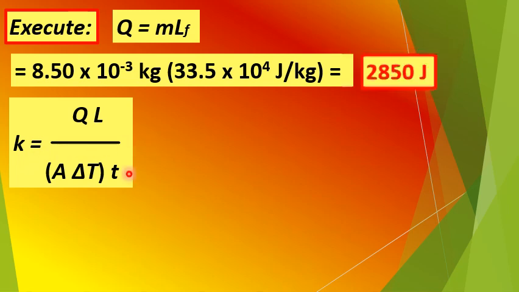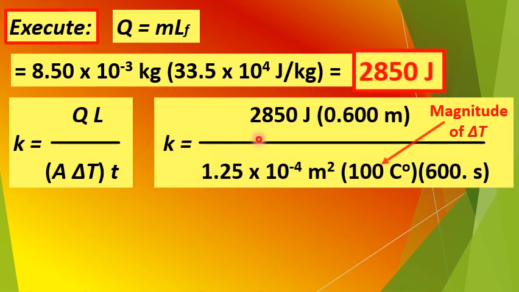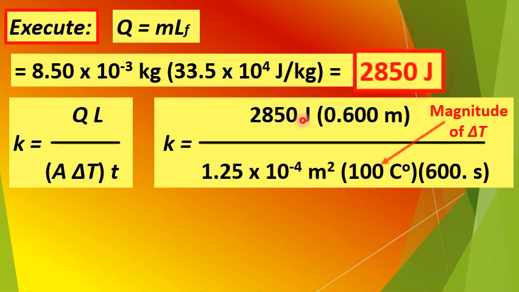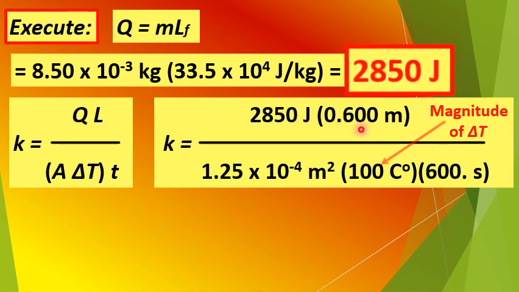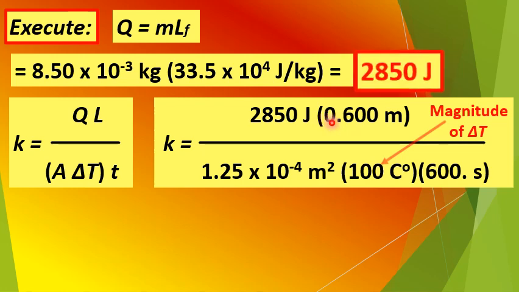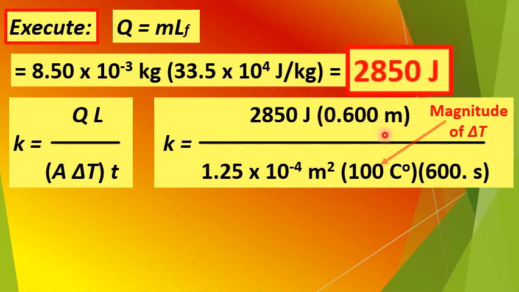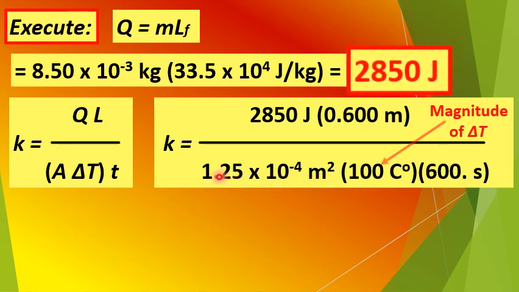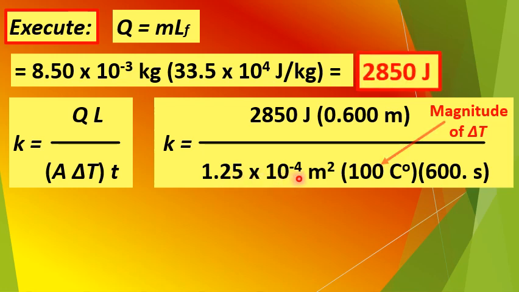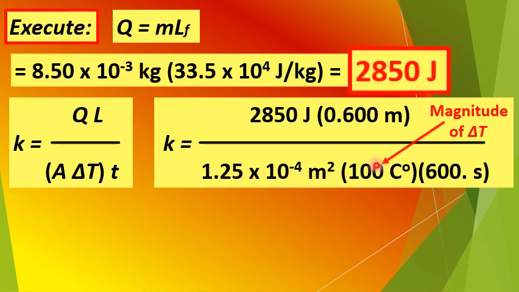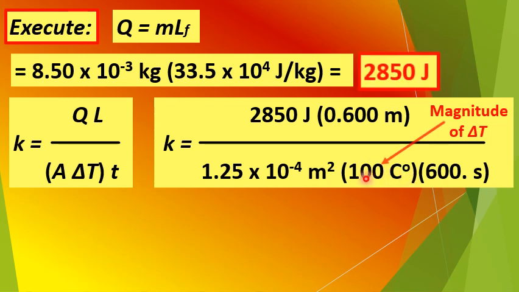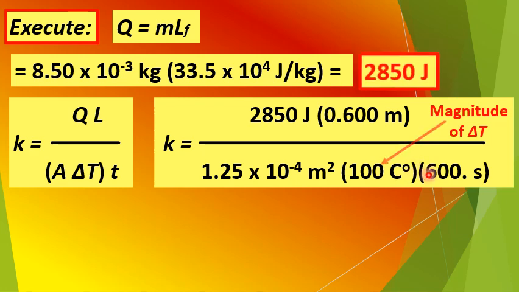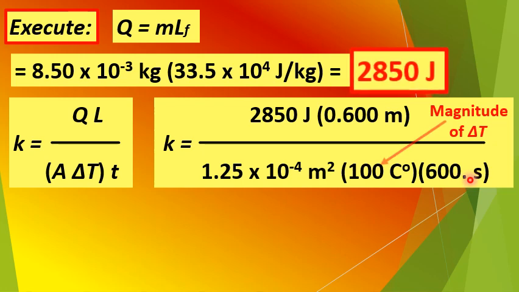Substituting, we have the computed big Q, which is 2,850 joules, multiplied by the length of the rod, 0.600 meters, all over the cross-sectional area, expressed in meters squared, 1.25 times 10 to the negative 4 meters squared, times the change in temperature, 100 Celsius degrees, and multiplied also by the elapsed time of 600 seconds.